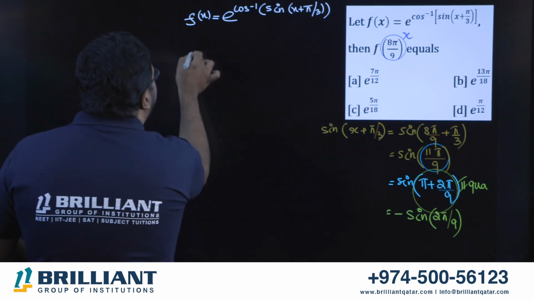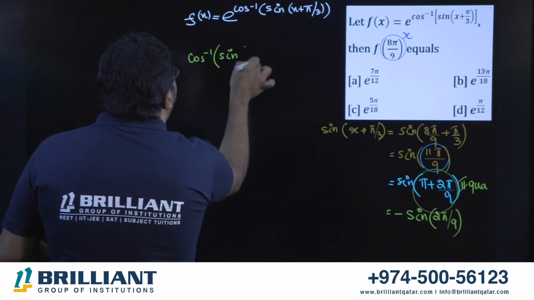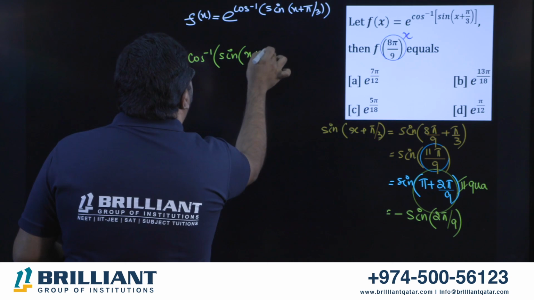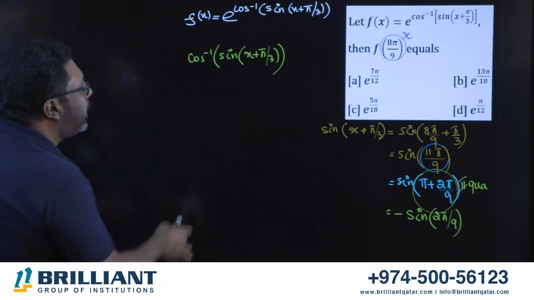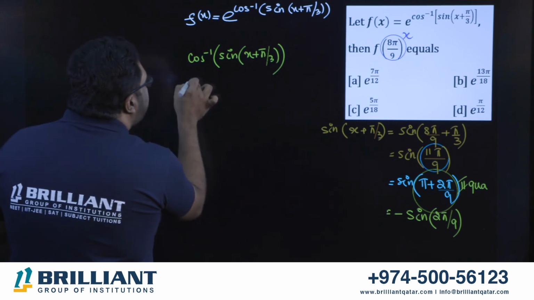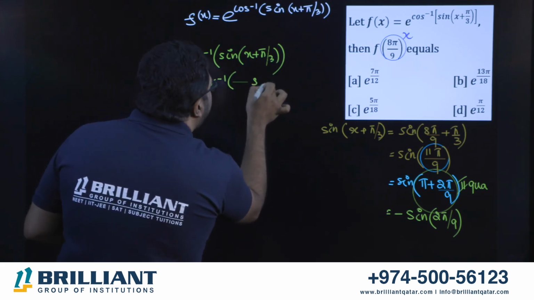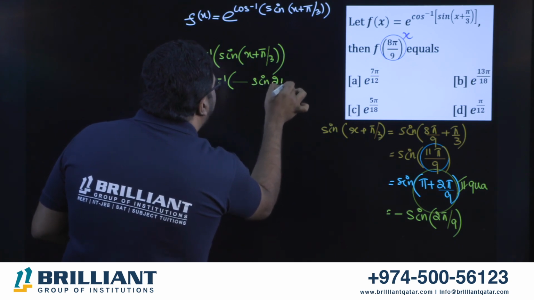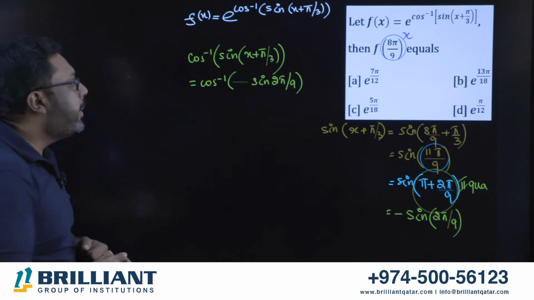Apply that in cos inverse. Cos inverse of sine of x plus pi by 3 can be written as cos inverse of minus sine 2 pi by 9.